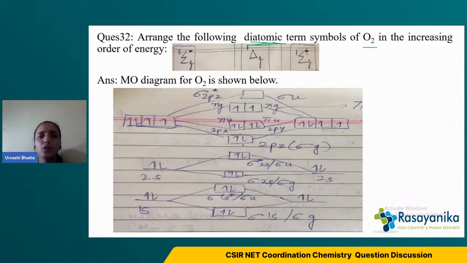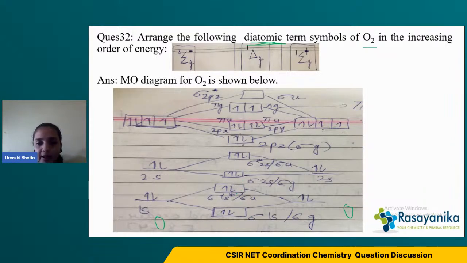So this is the molecular orbital diagram for O2. This I've shown here. Actually, it's not very neat, but still you can understand. So this is for O2. Here it will be O, and here also it will be O, right? Now you know that bonding and anti-bonding orbitals, right?